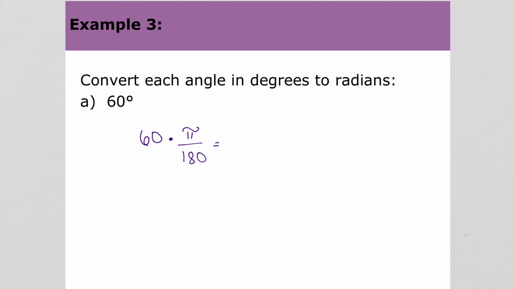And that's going to change it to a radian for us, in terms of pi. So 60 divided by 180 is 1/3. So this is the same as pi over 3. You're going to see this stuff a lot. 60 degrees is the same as pi over 3 radians. That's one of our special angles.